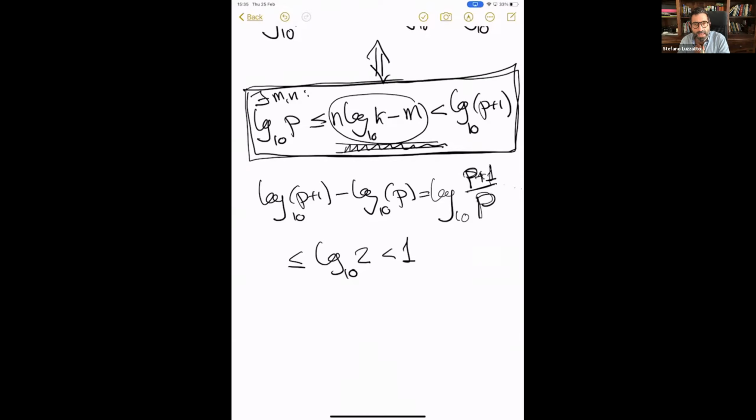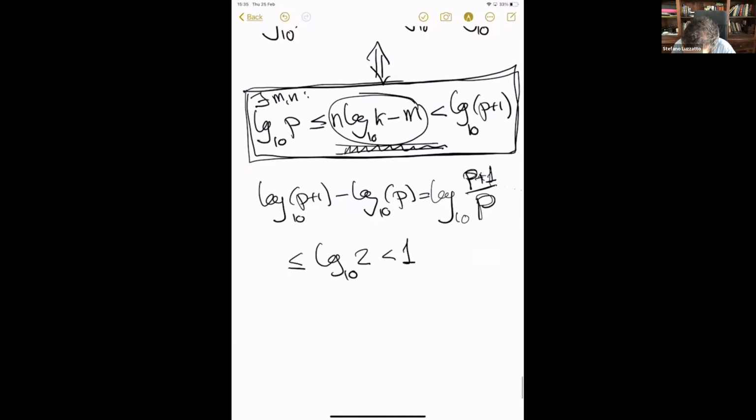But we can choose any m we want. So which m are we going to choose? If you fix n log base 10 of k, which integer are we going to choose to make this as small as possible?